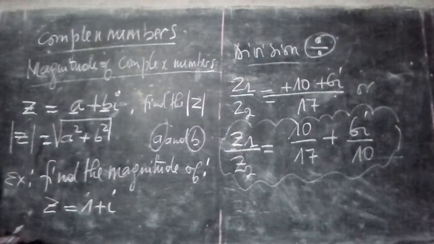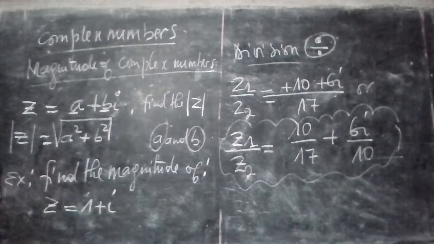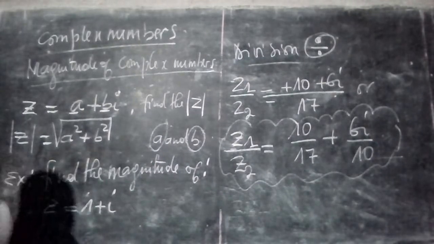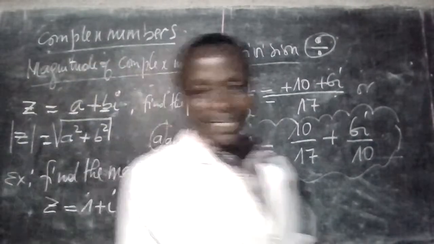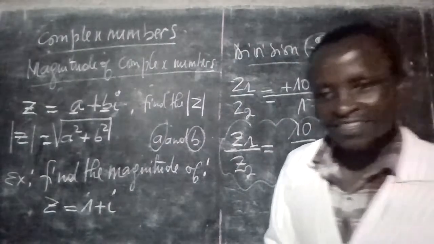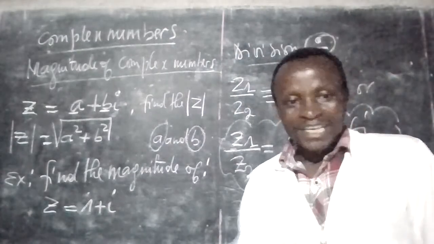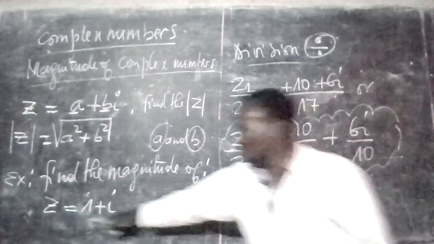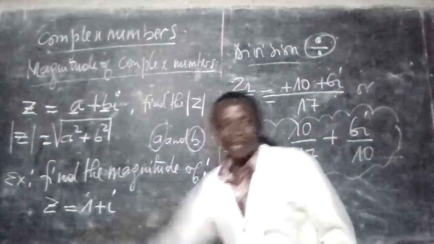How should we find the magnitude of this one according to this formula? In a comment, please. I need your answer in a comment.